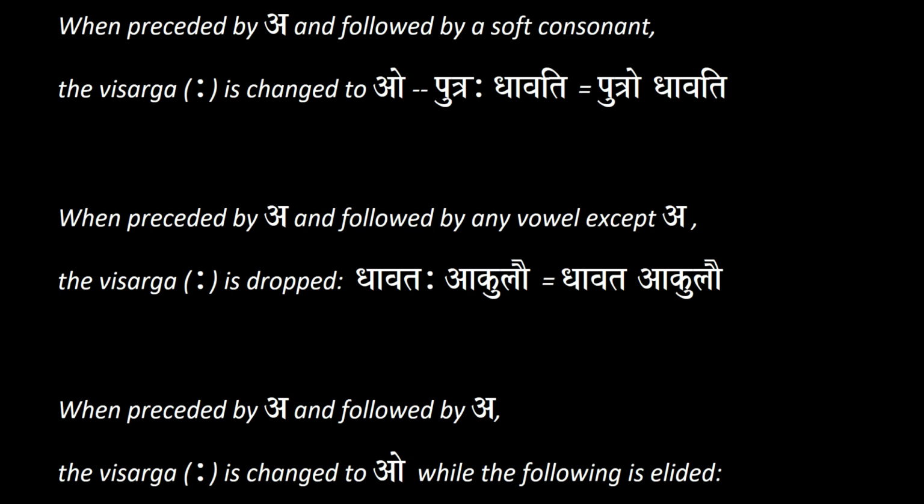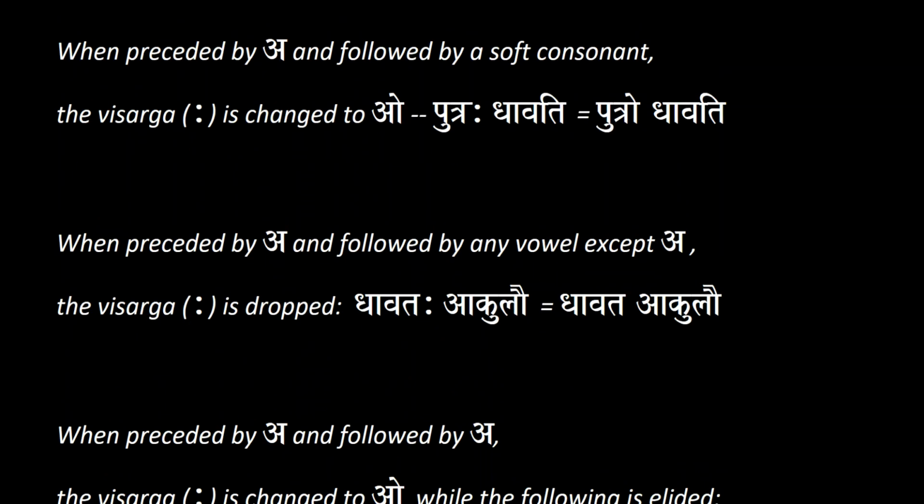So instead of making our lives difficult, it doesn't matter whether you are writing out a sentence in Sanskrit and you need to apply Sandhi, or whether you're trying to translate a sentence in Sanskrit, what I would suggest before anything else to make your life easier is to first check to see if your Visarga is followed by a hard consonant.